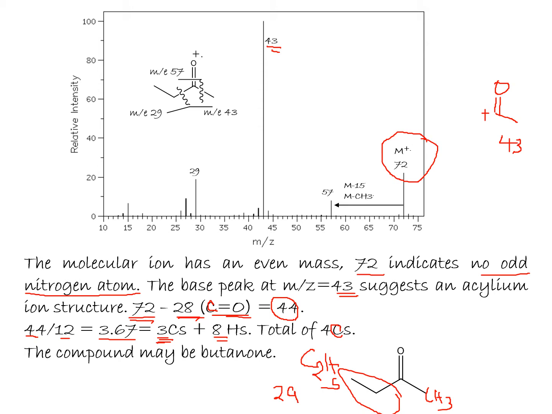We go to the spectrum. Yes, we have a peak at 29. So, cutting from this side, we have this part 43, and the positive charge on this one will be 29.